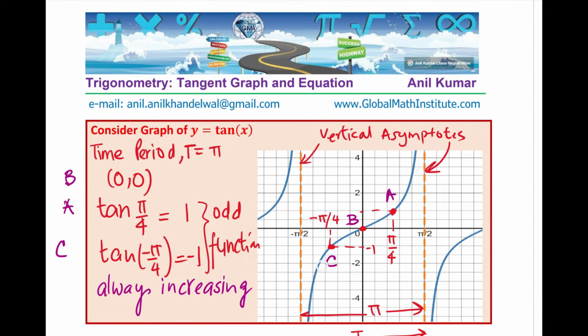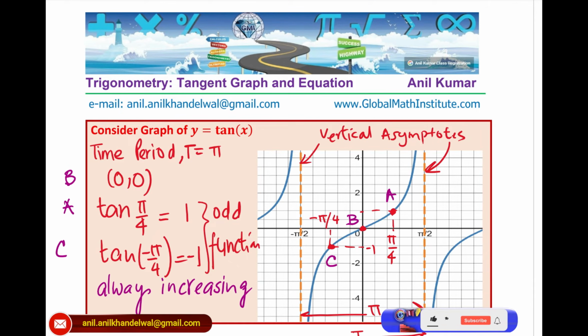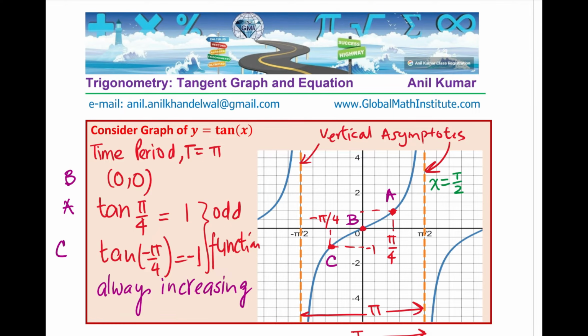Now, from here, let us generalize the results. As you can clearly see, if T is the time period, then the vertical asymptotes are at x equals T by 2 and at x equals minus T by 2. You can see that, correct? Time period is pi. Pi by 2 plus and minus are the two vertical asymptotes.